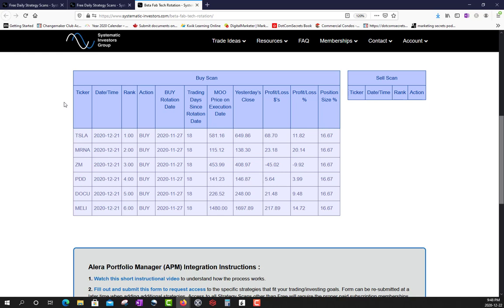So we've studied quite a bit of his work, and I took some aspects of dual momentum and some aspects of his rotational approaches, and I've been experimenting with some of his strategies.